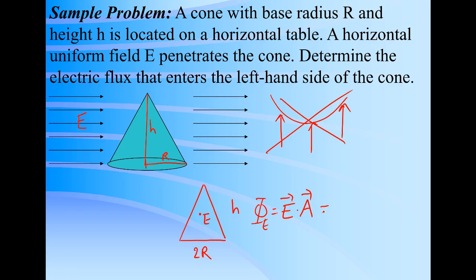And so the flux is just simply going to be the value of the electric field times 2r times h, and it's a triangle, so times a half. So base times height times a half, and that just gives us E h r. So that's a fairly straightforward example.